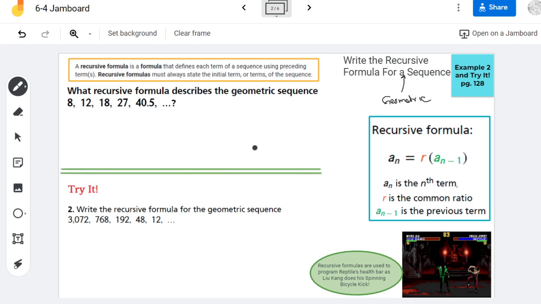The first way that I do it, when I go to read a recursive formula, there's some English ways to read it. This is called a sub n. This is the nth term in the sequence. I use it to think of this term.